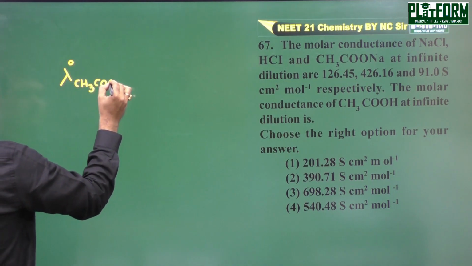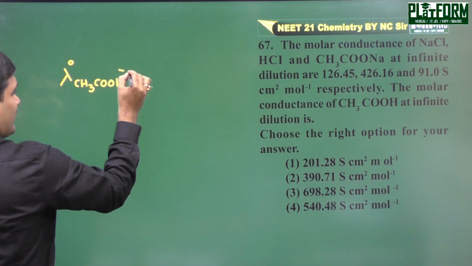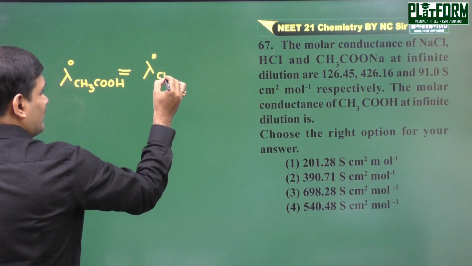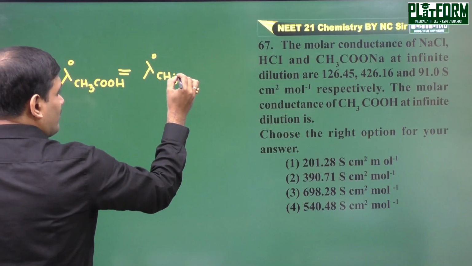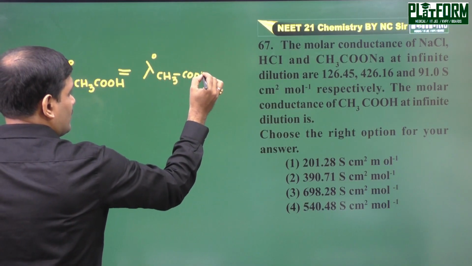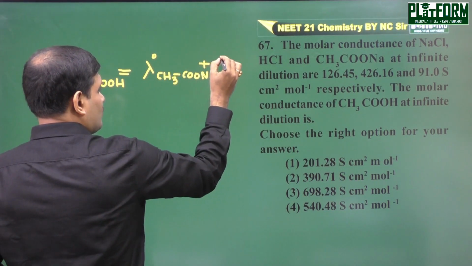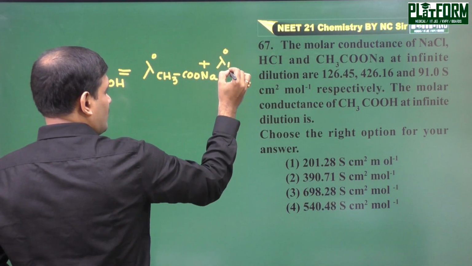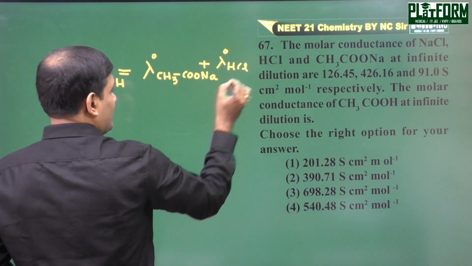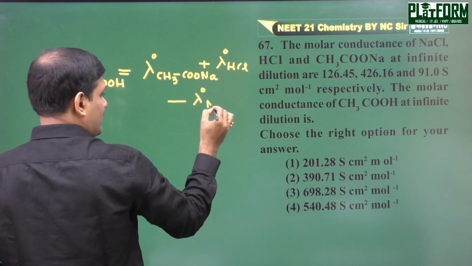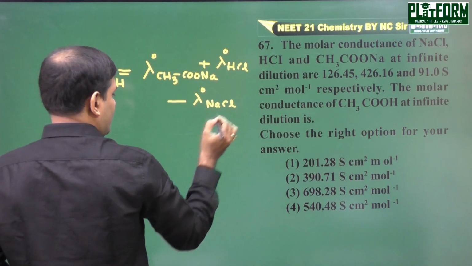By Kohlrausch's law, I can write that it will be equal to the molar conductance of CH3COONa plus the molar conductance of HCl minus the molar conductance of NaCl at infinite dilution.